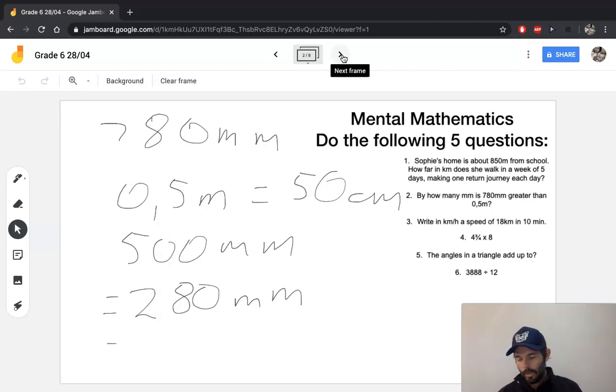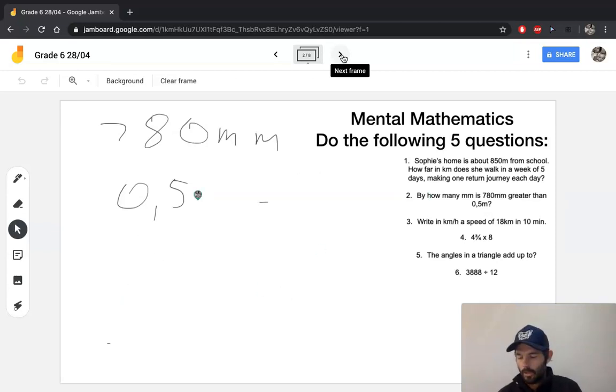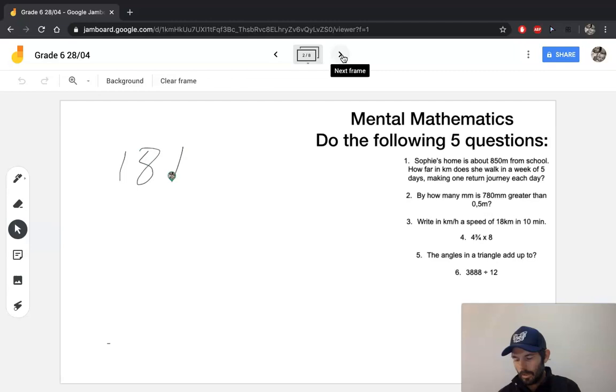Okay, good. And then question 3, write in kilometers per hour a speed of 18 kilometers in 10 minutes. So 18 kilometers in 10 minutes. I know that there's 60 minutes in an hour.